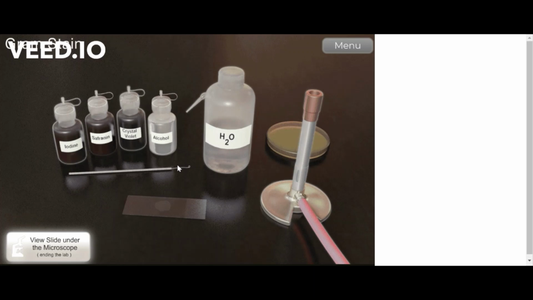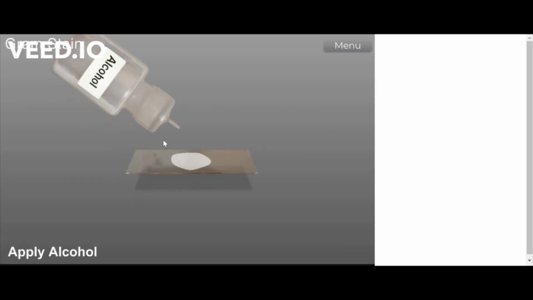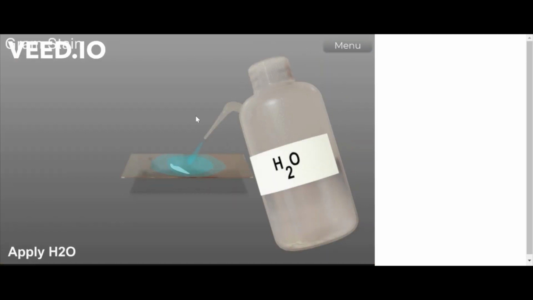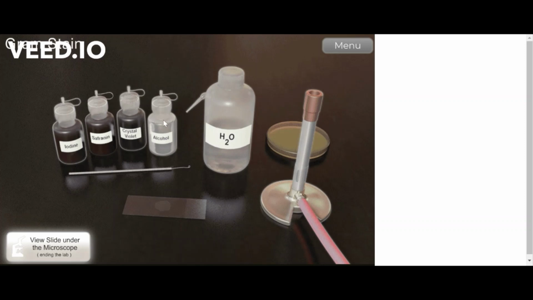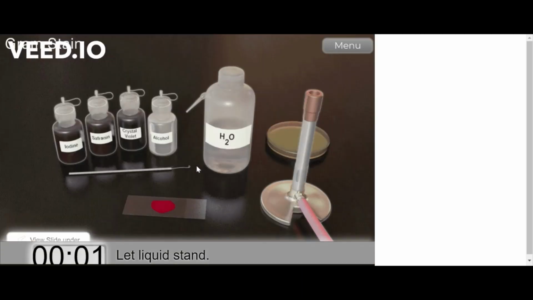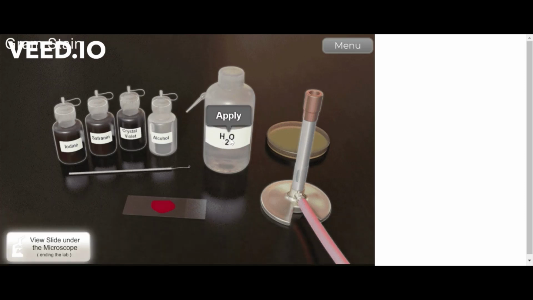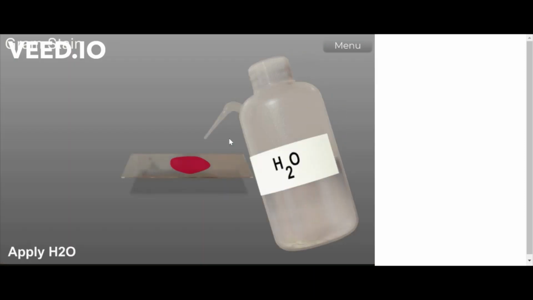And so our next step is we will decolorize with alcohol for 5 to 10 seconds, around that, and we'll then rinse with the water again. So our fourth important step, we will use the safranin and let the liquid stand around 1 minute, and then we'll rinse again with the water.